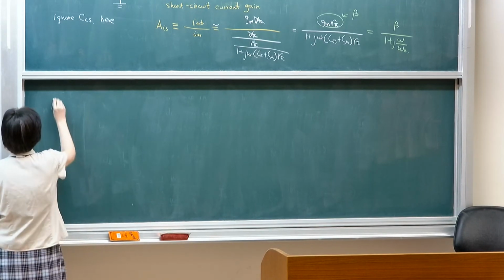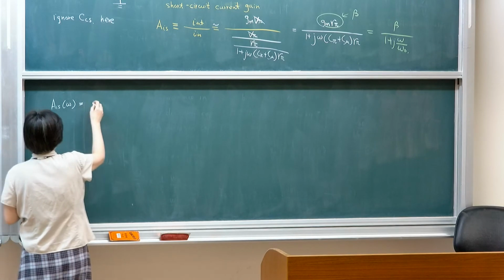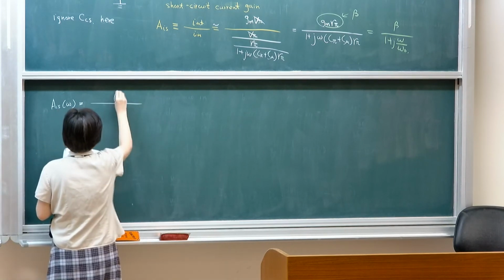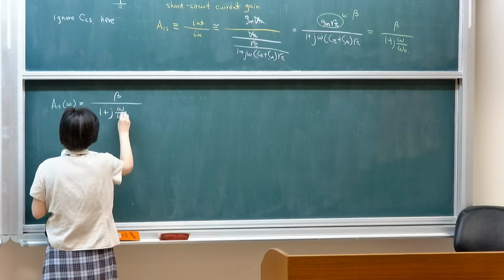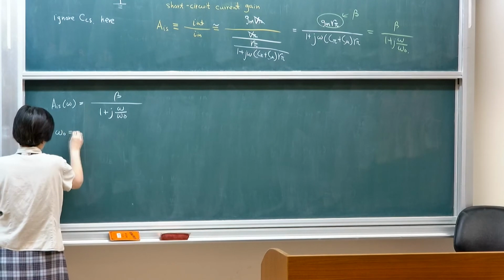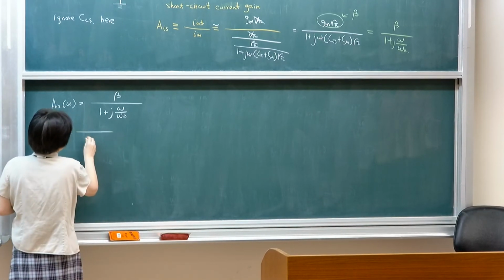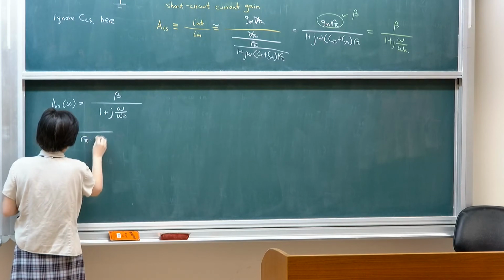So your short circuit current gain as a function of frequency will then be rewritten as beta over 1 plus j omega over omega 0, where omega 0 is 1 over r pi times (c pi plus c mu).